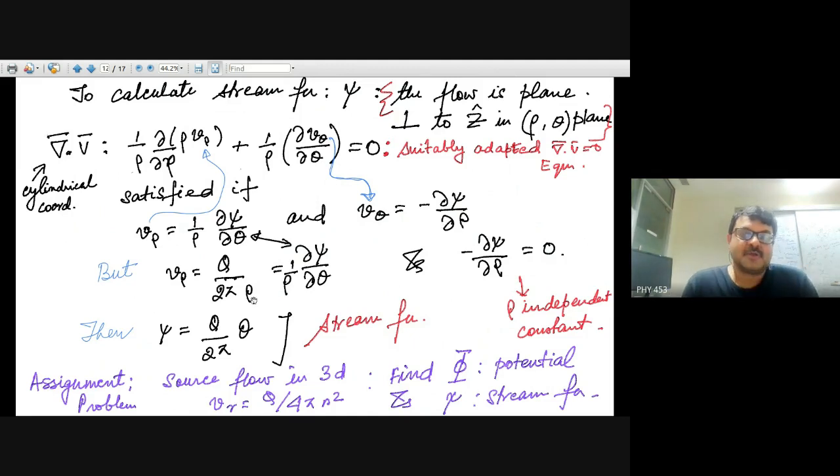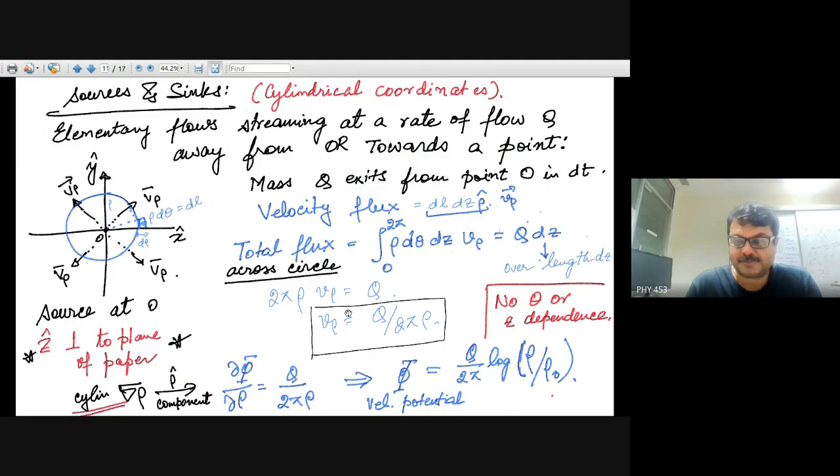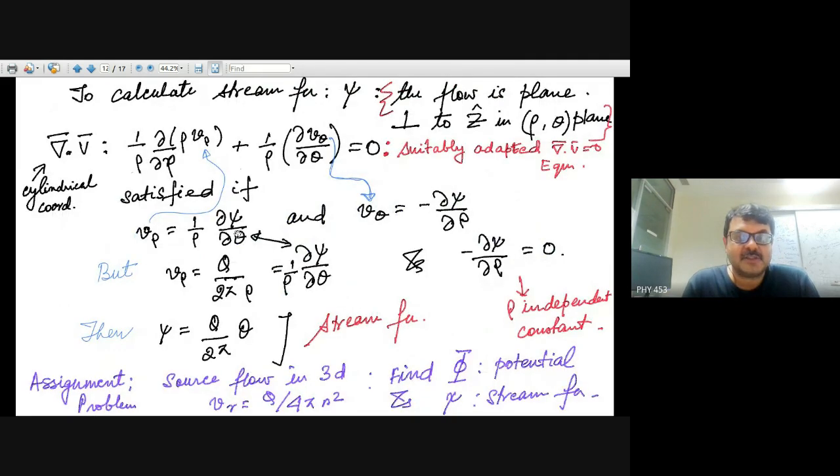So what is the message? You will get V rho equal to q by 2 pi rho from here, and that is equal to this term. So you can solve for psi, and that is dependent upon theta. Right? This is the stream function.